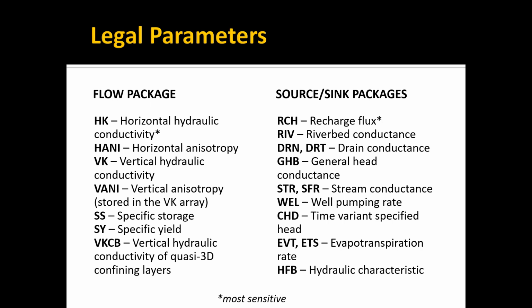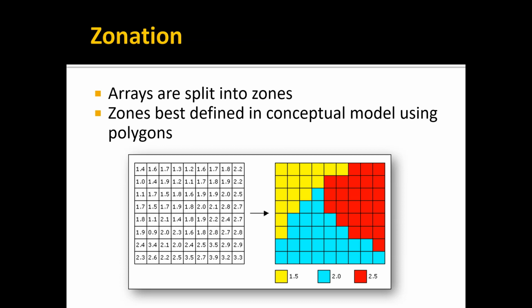So let's suppose that we have our hydraulic conductivity and recharge arrays, and we need to parameterize them. We simply can't allow PEST to change each of the cells individually, so we need to come up with another approach. And one of these, as mentioned in the prior slide, is zonation.